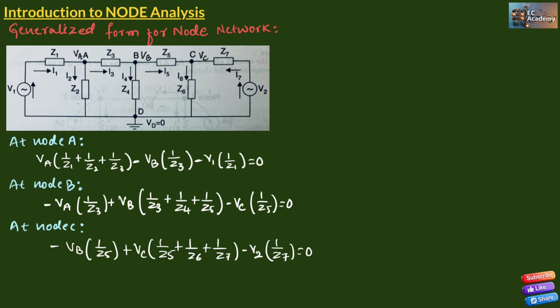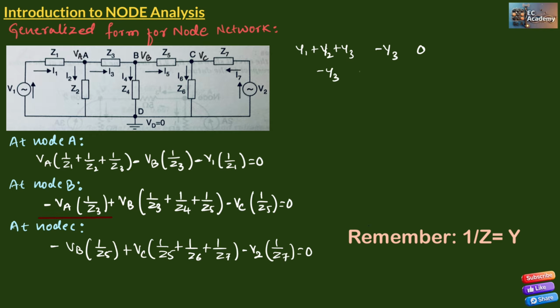We can write the above equations in matrix form as Y1 plus Y2 plus Y3, minus Y3, and we don't have VC terms, so we write 0 in the first equation. In the second equation, we write minus Y3, Y4 plus Y5 plus Y3, minus Y5. And in the third equation, we don't have a VA term, so we take that as 0.